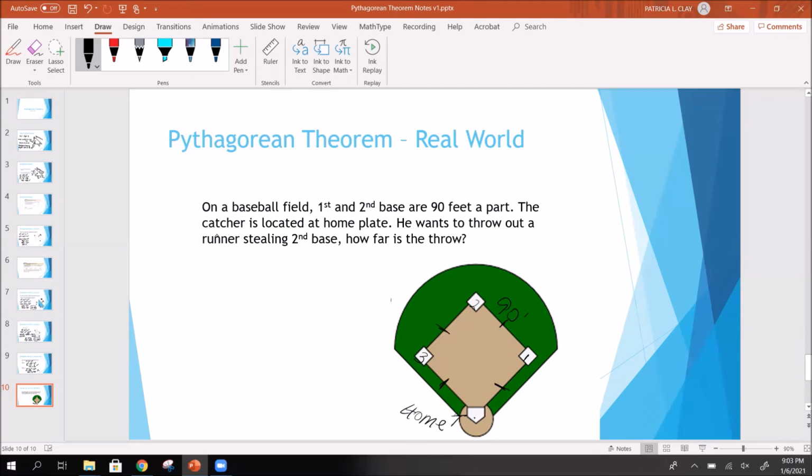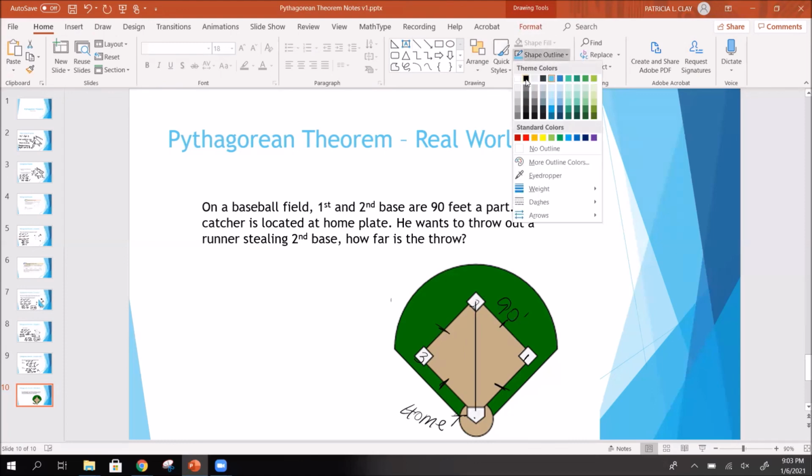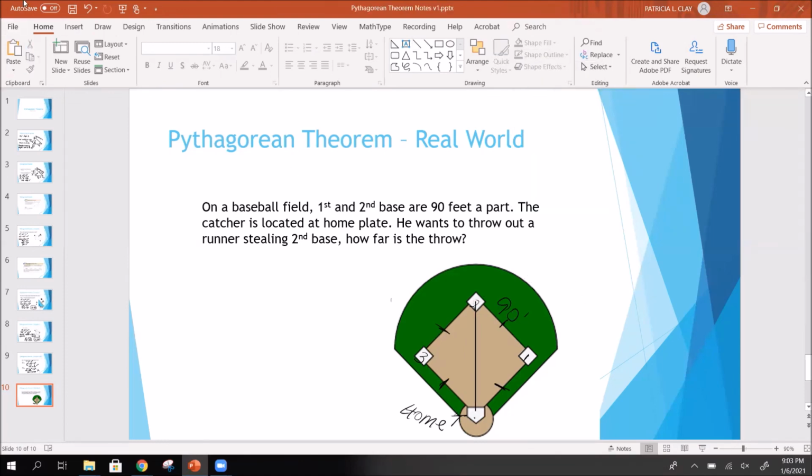He's at home plate and he wants to throw it to second base, which is right across the line. And sometimes I don't draw lines the straightest. So let me see if I can get my little guy to make a line for me. There we go. Okay, that looks better.